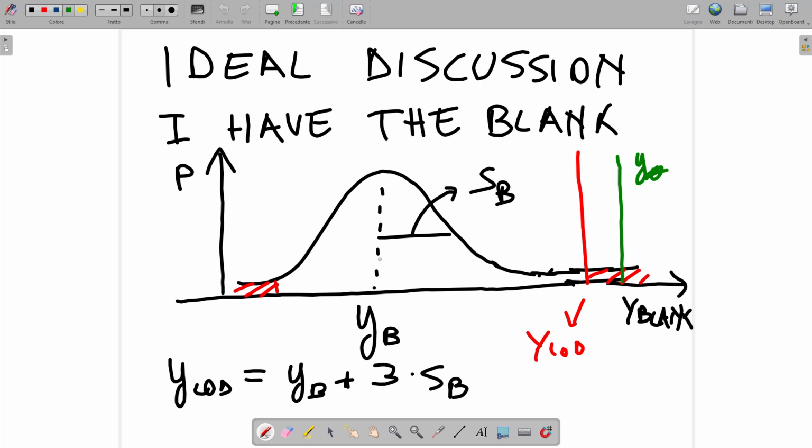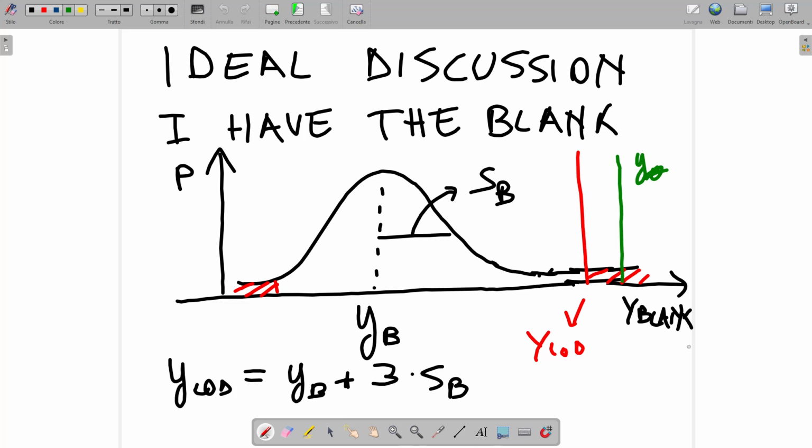In theory, you should go to infinity, but you cannot. You must choose a finite number. So you choose a number that lives in the tails, few points. Because the red tail is an estimation of the risk of being wrong in saying that the analyte is present.